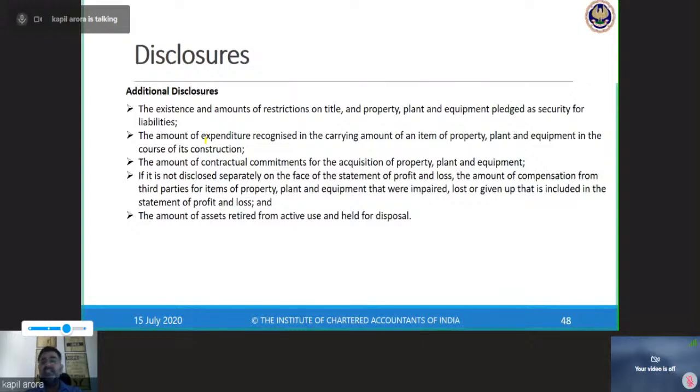There are certain additional disclosures which are only required when the situation comes up. For example, I have pledged my asset in the bank against a loan which I have taken from the bank. Right? Any amount of expenditure which is in the course of construction, for example, capital work in progress, CWIP.